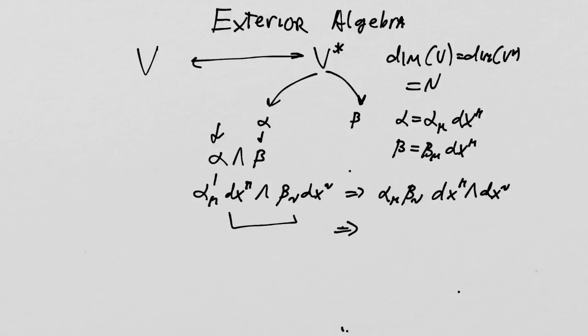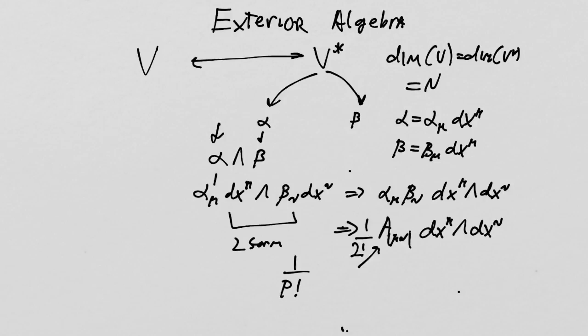But ultimately, the point is that any two-form, and that's what this would be, a two-form, any two-form would ultimately be a mu nu dx mu wedge dx nu. And here, a mu nu would be presumed to be anti-symmetrical, and if we use the other notation, the other condition where we force mu to be less than nu, sometimes we indicate that this way. If we don't and we allow it to go through everything, we will put in a 1 over 2 factorial, because it's always going to be 1 over p factorial, where p is the p form, whatever p form you're dealing with.